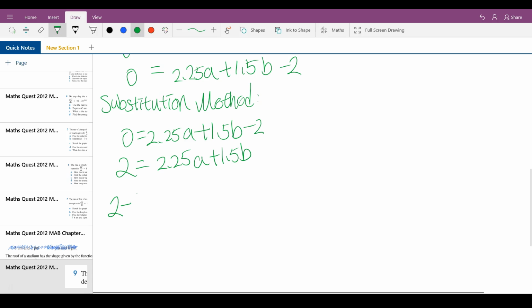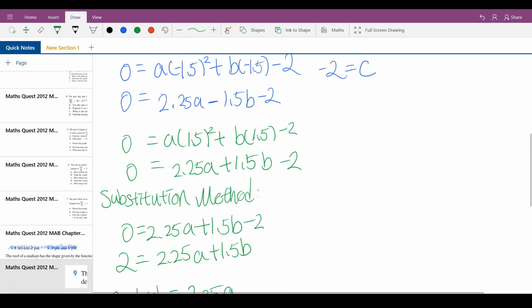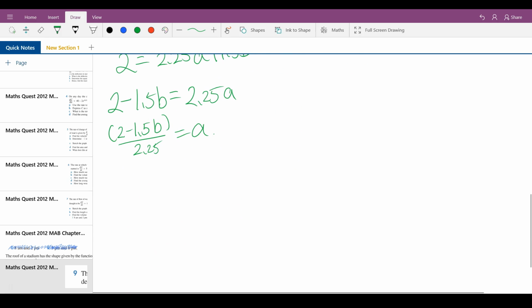It would be 2 minus 1.5b, moving it from the right hand side to the left hand side, equal to 2.25a. Then divide everything by 2.25, and we've got an expression for a. So we sub a back into the other equation.